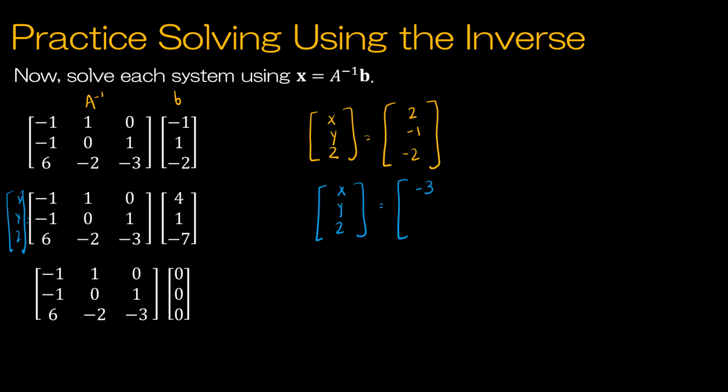Next row, turn the row into a column. -1, 0, 1 gives me -4 plus 0 plus -7 or -11. And finally, 6, -2, -3 gives me 24 plus -2, which is 22, plus 21. So 22 plus 21 is 43.